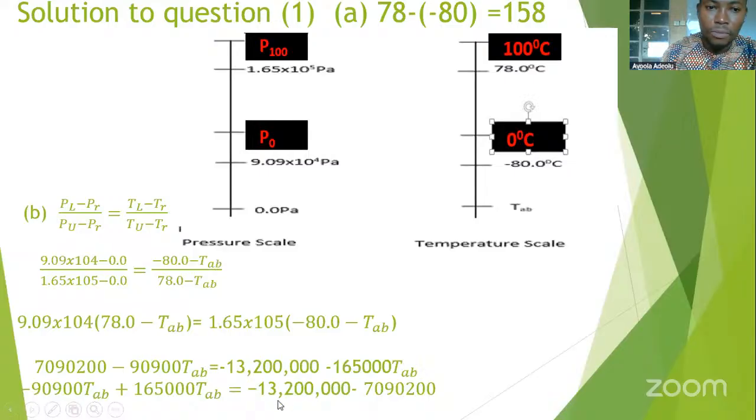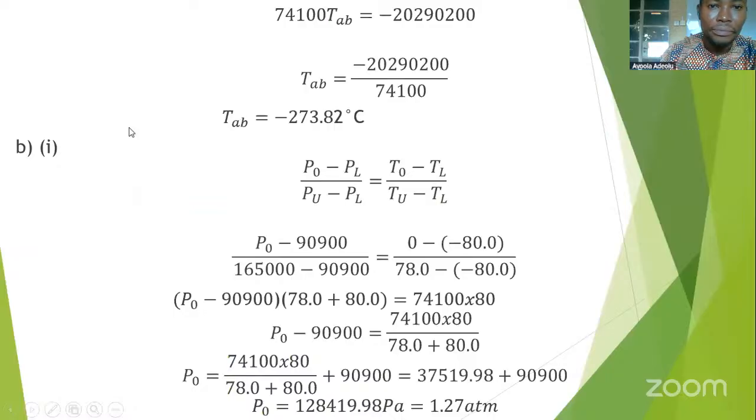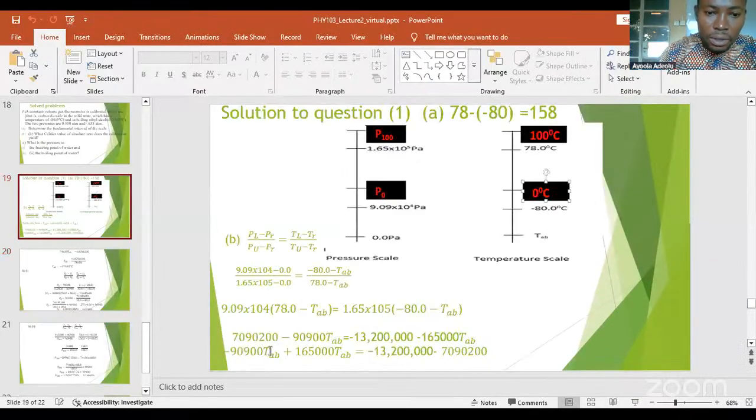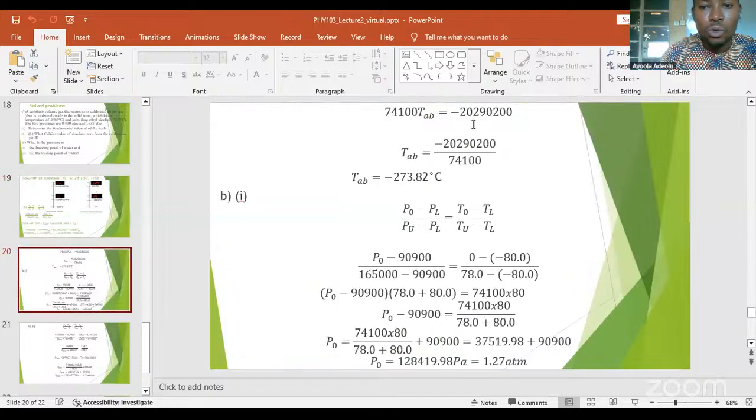So when you add the two together, you have minus this value here. This value will give you 74100 TAB is equal to the one you have on the right hand side. Then divide both sides by 74100 to get your TAB. So your TAB, the absolute zero of that scale, is minus 273.82 degrees. You will see that this value is still close to the normal absolute zero temperature. So that's what I was explaining.